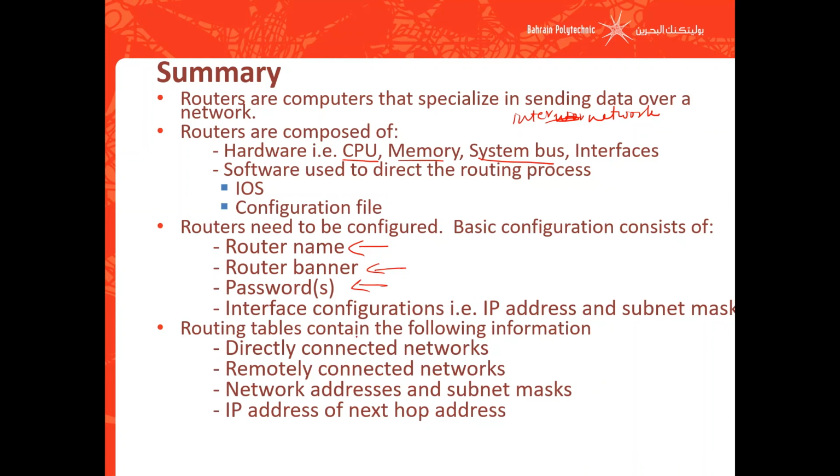These are important and they are best practices. And the routing table contains information about directly connected networks, remotely connected networks, networks and subnet addresses, which are static probably, and the address of the next hop that is connected to it. So all of this was discussed in this unit.